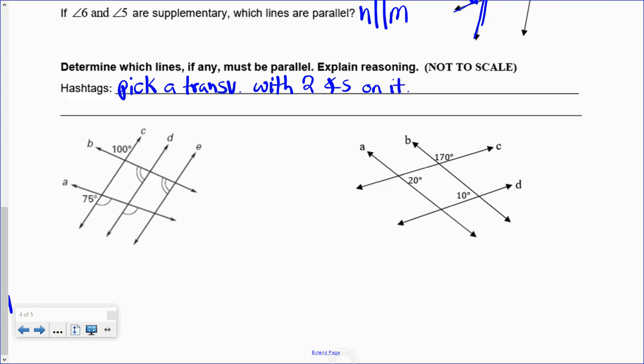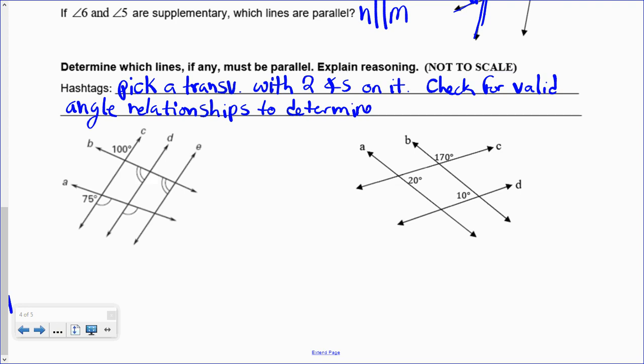Then check for valid angle relationships to determine parallel lines.